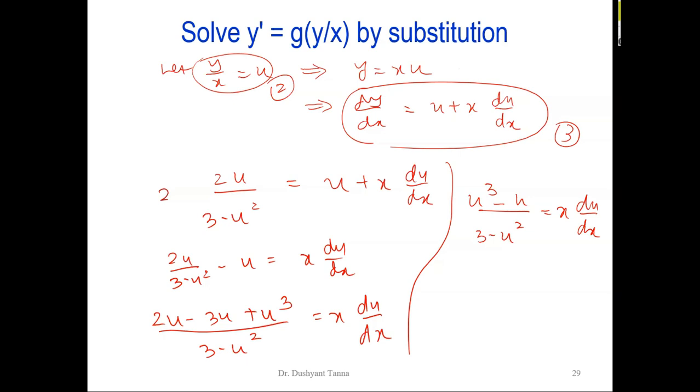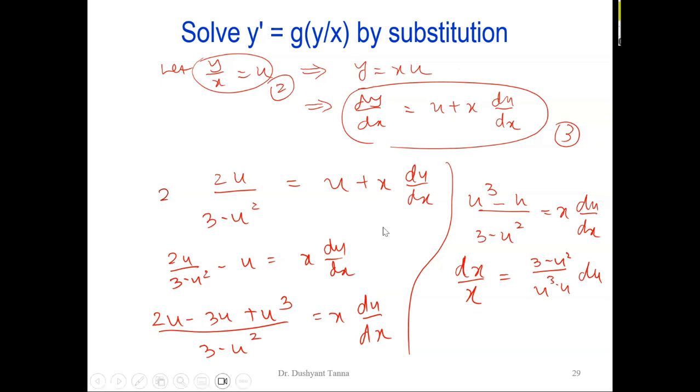So what that will look like: dx over x is equal to 3 minus u squared over u cubed minus u du. And then we will integrate.